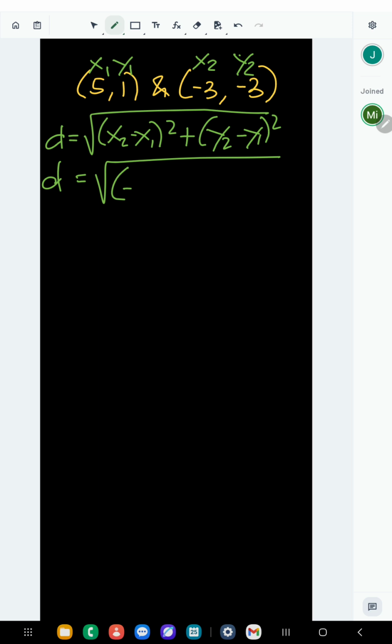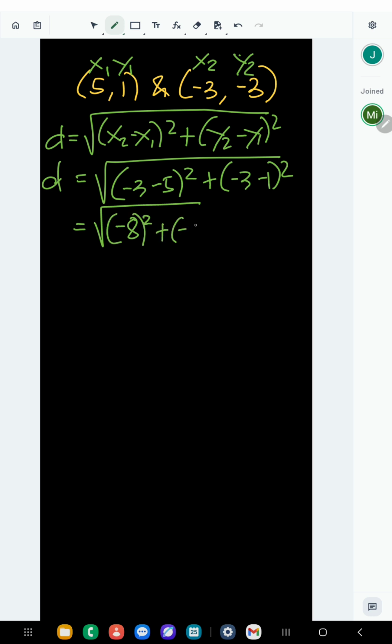That is -3 minus 5 squared plus -3 minus 1 squared. So this is -8 squared plus -4 squared, which is 64 plus 16. 64 plus 16 is 80. So this is square root of 80.